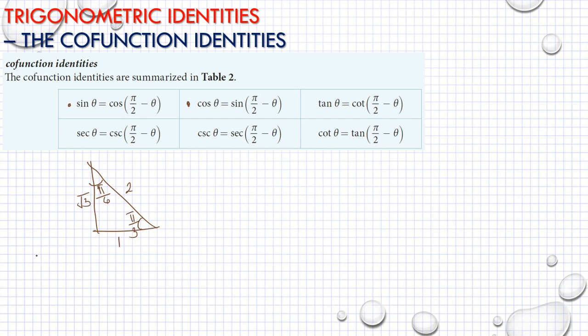So if I'm going to see sine pi over 6, then I have 1/2. But that is also the same as cosine pi over 3, as you can see there.